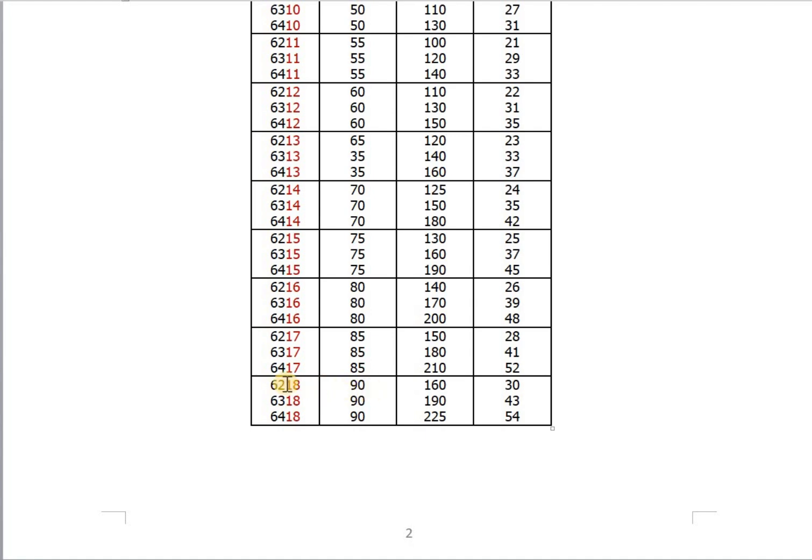For example, 18 by 5 means 90. Outside diameter is 160, and the width is 30. Also, for the medium series, 18 is constant. It means 90 millimeters for internal diameter, 190 for external diameter and 43 for the width of the bearing.